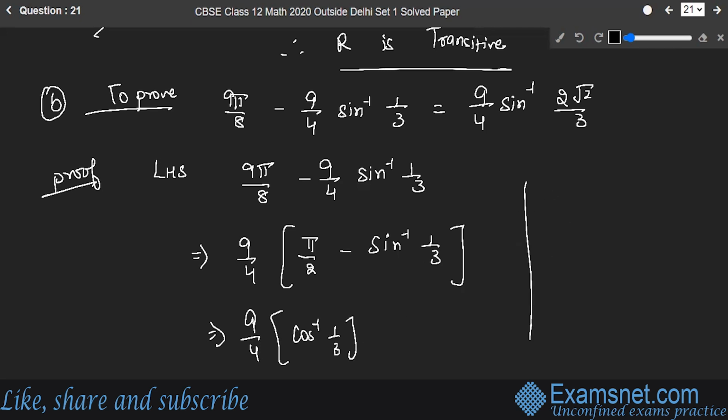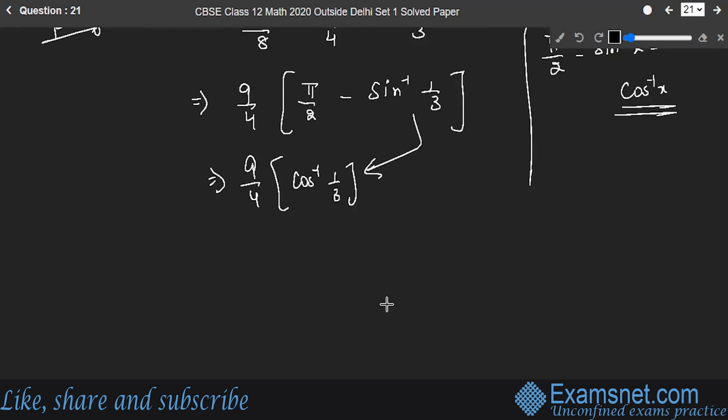Why is that? Because π/2 − sin⁻¹x is equal to cos⁻¹x, right? I hope you are clear till this. Now, let's say cos⁻¹(1/3) = x. Then cos x will be equal to 1/3, right?